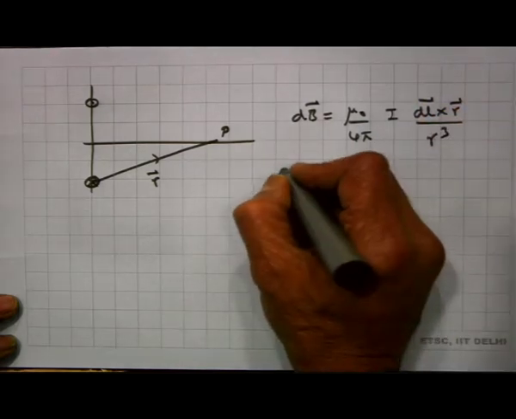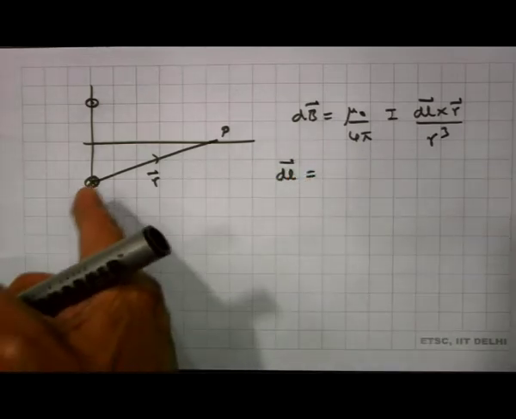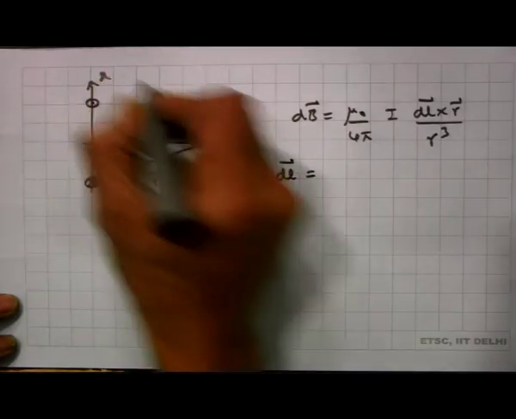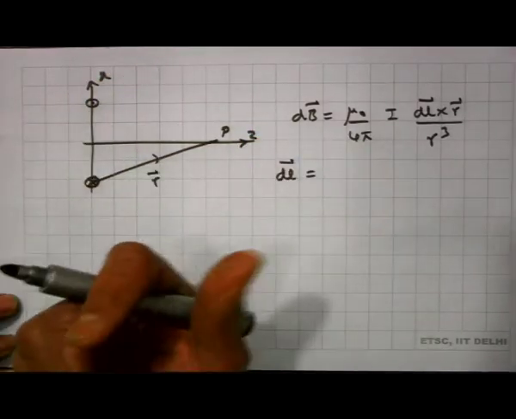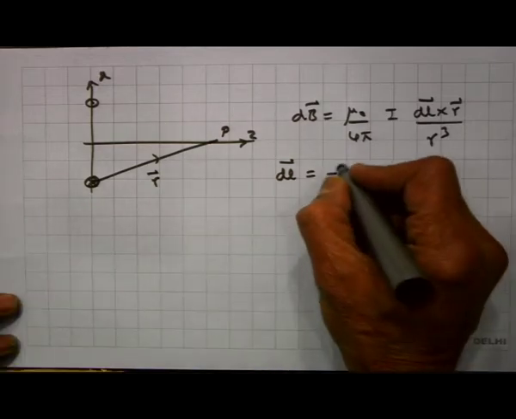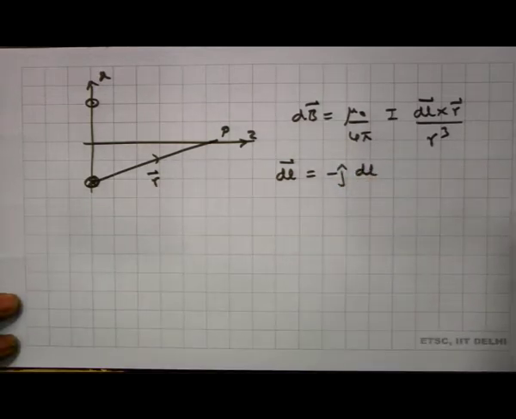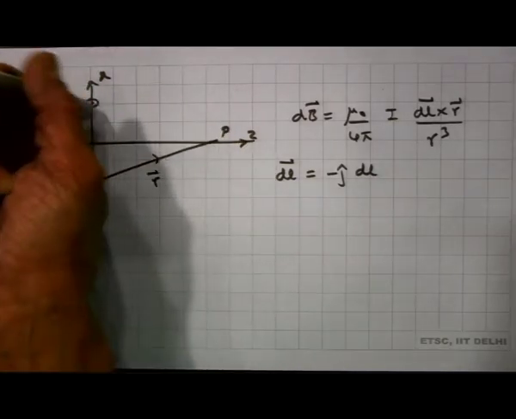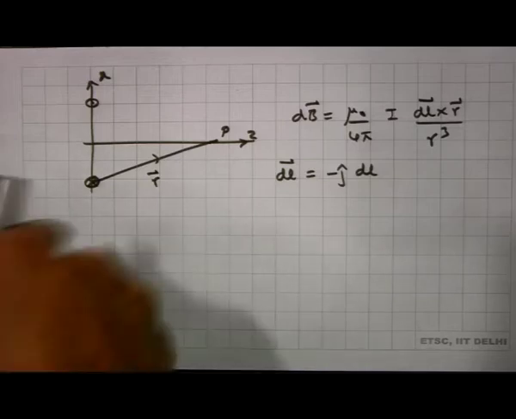Now, the dl vector is equal to, please remember, the current is flowing into the page. So, this is my x axis, this is my z axis. The y axis is coming out of the plane and the current is going into the plane. So, this is minus j cap dl. Here it was plus j cap dl because the current was coming out in the y direction. Here the current is going in the minus y direction.